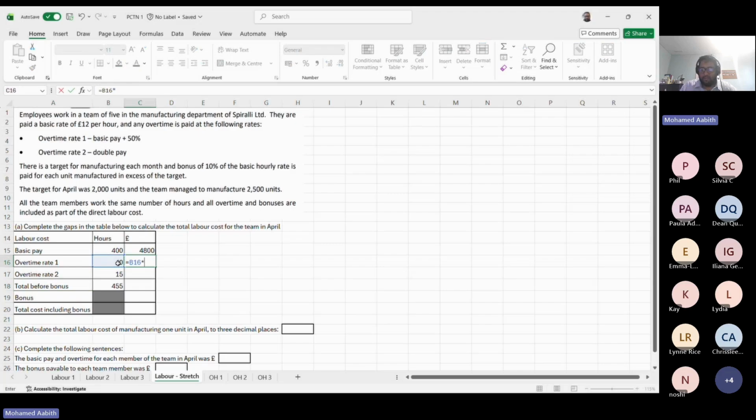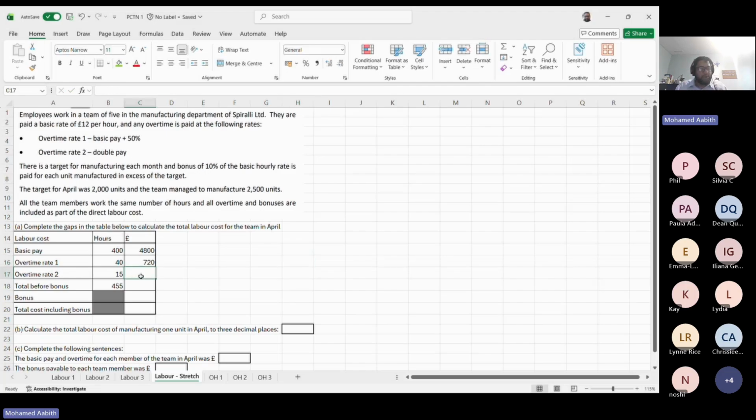That times £12 an hour times 1.5, because it's the time and a half, isn't it? So if it's time and a half, you have to multiply by 1.5 or 150%. Why? Because it is going to be the basic pay plus the overtime. So here it's going to be for £720. We can prove it. Why? Because it's going to be £18 an hour, because it's £6 overtime premium. So equal to 40 times 18, that gives you 720. It's the same number here.